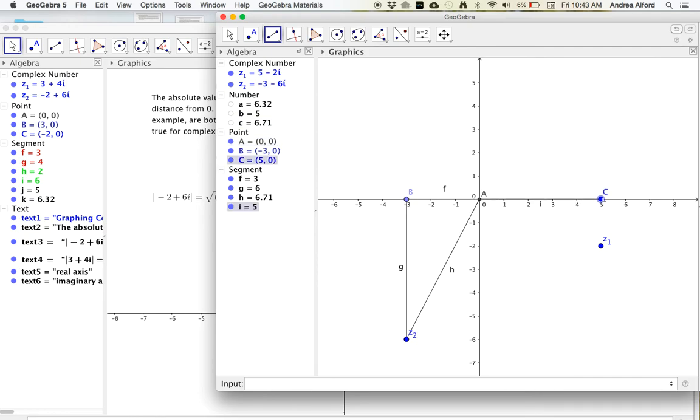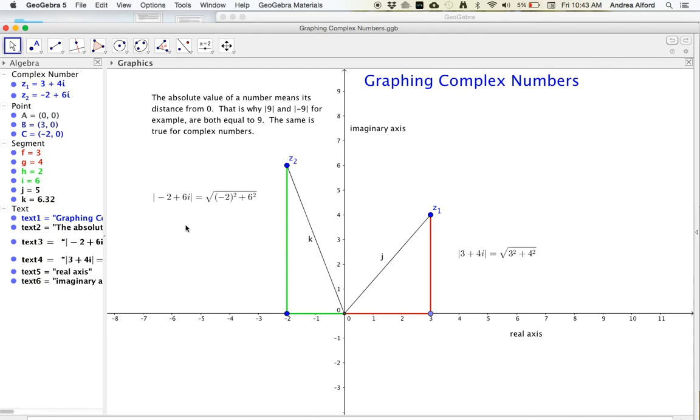A squared is 25 plus b squared is 4 equals c squared. So k squared is 29, so k should be the square root of 29. We should get some number between 5 and 6. So absolute value of 5 minus 2i, what does it give us? 5.39. So that's how you graph complex numbers, and that's how you get the absolute value of complex numbers.